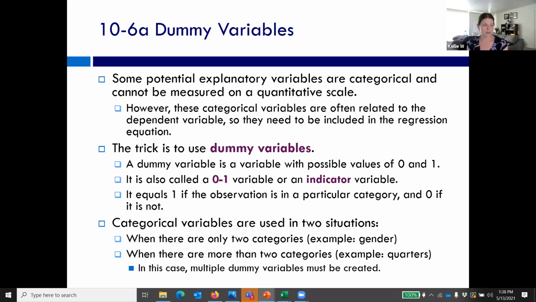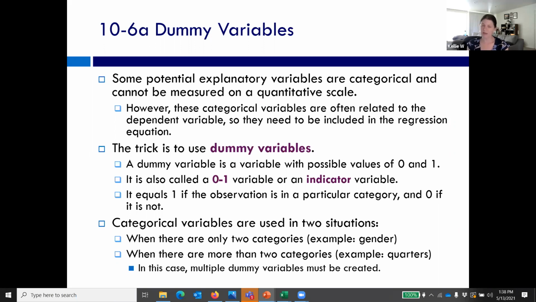So dummy variables are categorical, so they can't be measured on a quantitative scale. They're generally yes or no type of things, or like male, female. So 0, 1. Either you're one or the other.